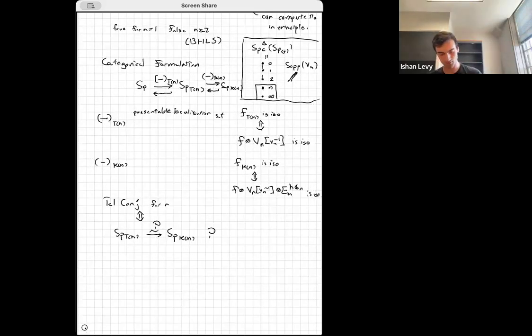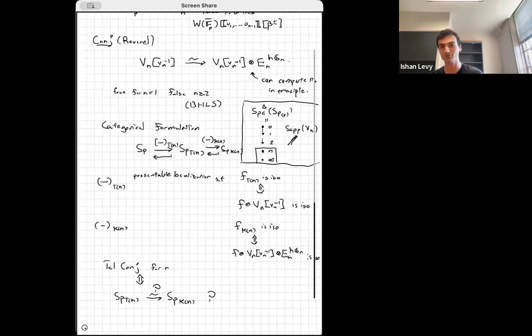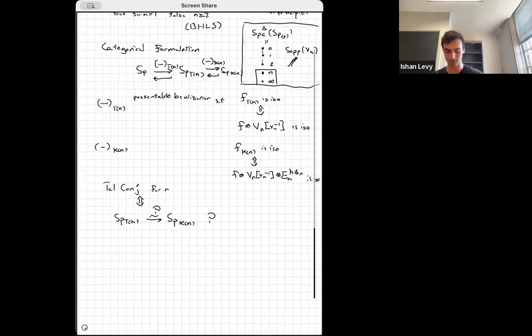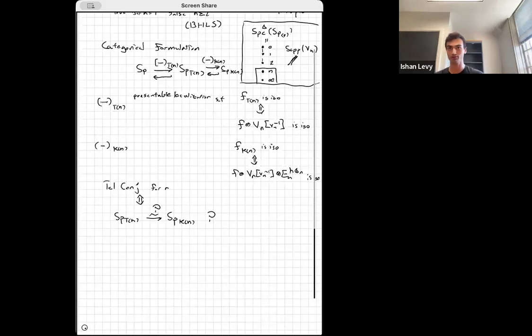So you might think, what's so special about the Kn-local category other than the fact that we can understand homotopy groups inside of it? It's actually a reasonable thing from a categorical point of view.